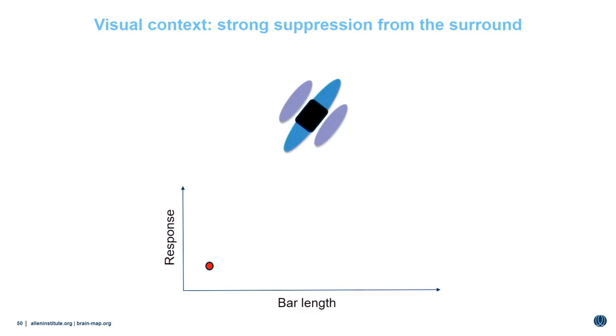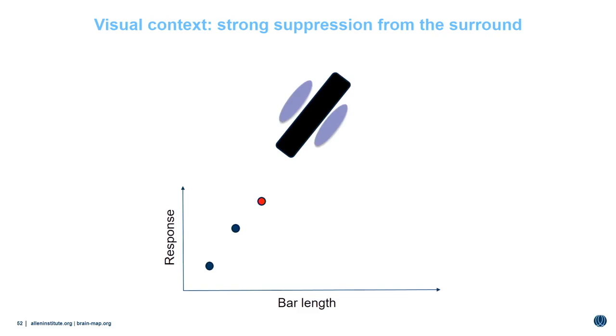For a bar that's relatively short compared to the length of the receptive field, we get a fairly weak response. As the length of the bar increases all the way to the length of the receptive field, the response increases. Now we might expect that if we increase the length of the bar beyond this point, the response will just stay at this maximum value because we're not changing any of the content of the receptive field itself.